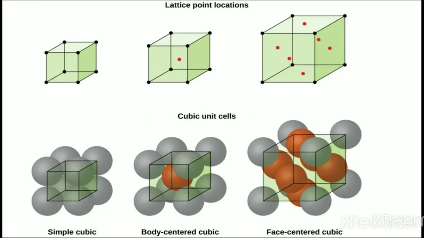See here given below, the 8 points at the 8 corners of the cube are called the primitive unit cell. Then 8 at the corners and 1 present at the center of the body of a unit cell. And in FCC, all the constituent particles lie at each corner, meaning the 8 corners of the cube, and 6 particles are present at the 6 faces of the cube.